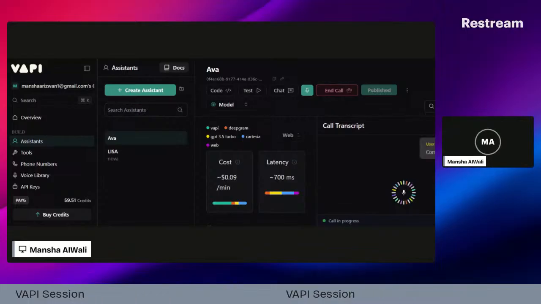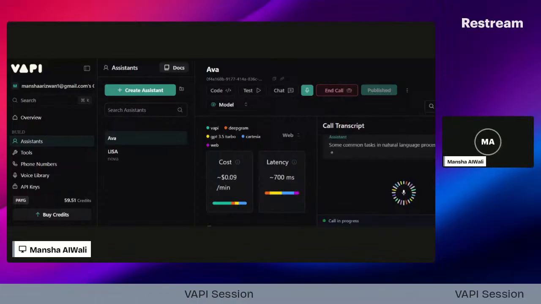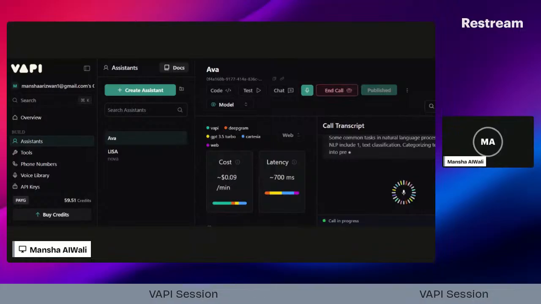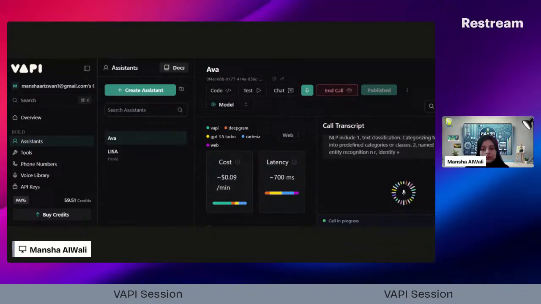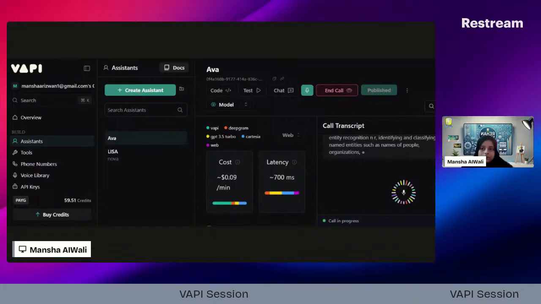Some common tasks in natural language processing NLP include: 1. Text classification, categorizing text into predefined categories or classes. 2. Named entity recognition, NER, identifying and classifying named entities such as names of people, organizations, locations, dates, etc. in text. 3.